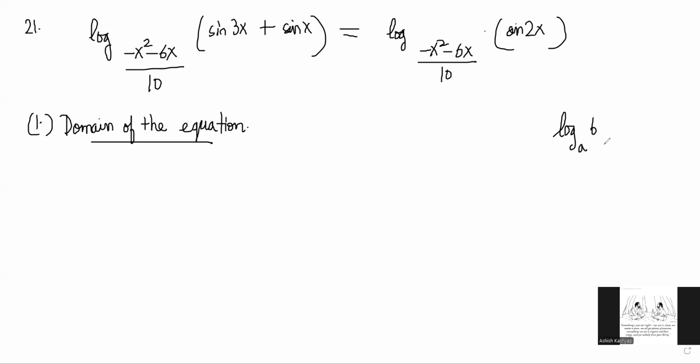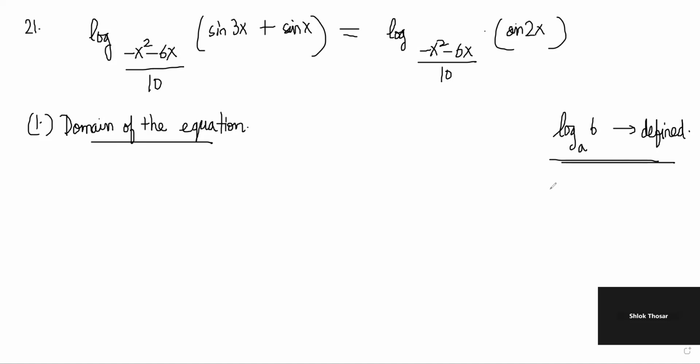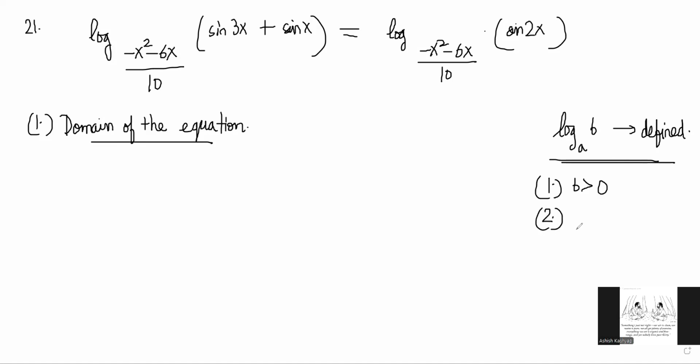What are the conditions for it to be defined? b has to be greater than 0, and a has to be greater than 0 and not equal to 1. There are three conditions.